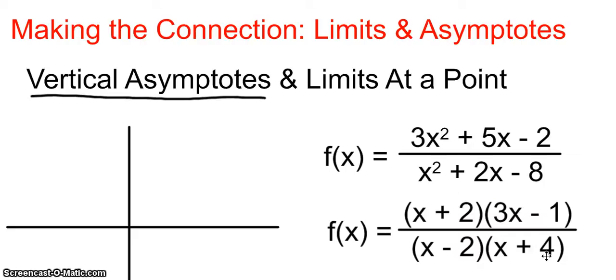From the fact that our domain is x can't be 2 and x can't be negative 4, and the fact that these don't cancel, that means that there's going to be a vertical asymptote at 2 and at negative 4.